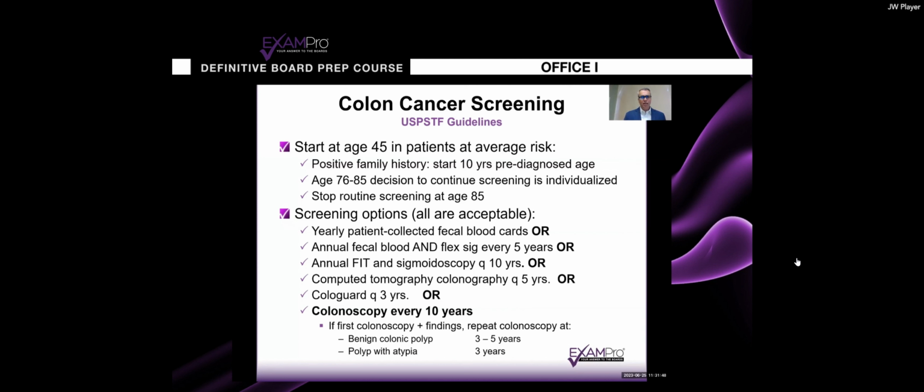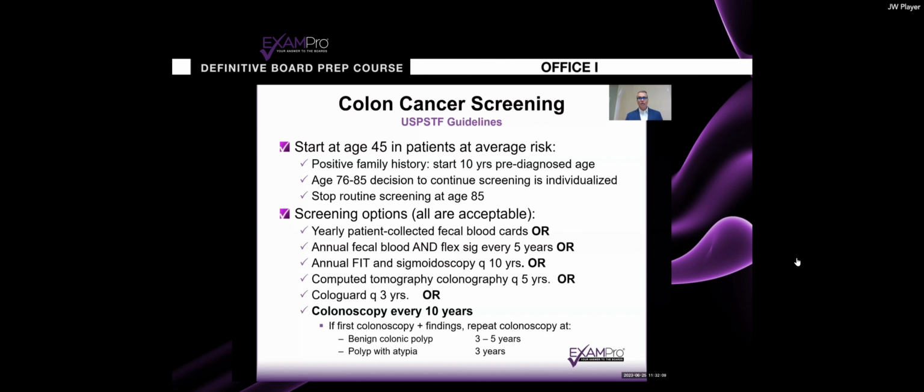When we get to age 76, there should be some shared decision-making about whether to continue screening. And that's a topic of many screening tests in older patients, discussing their life expectancy, their current health status, the likelihood of them pursuing further evaluation and treatment if the screen came back abnormal.